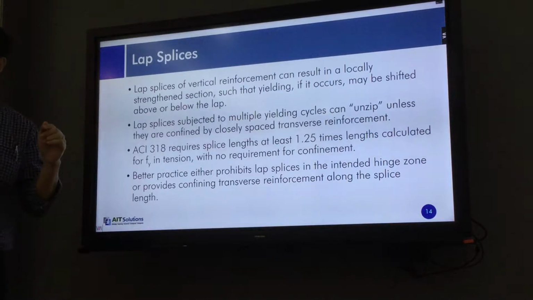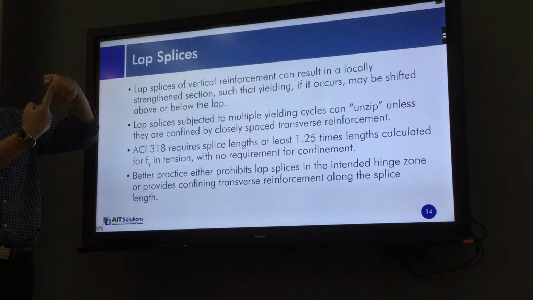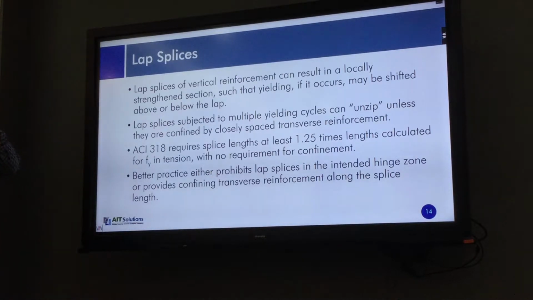But in construction we need to splice the reinforcement, because you cannot get very long reinforcement throughout the height. So when we splice the reinforcement, the reinforcement ratio will be increased, because one bar will be doubled.